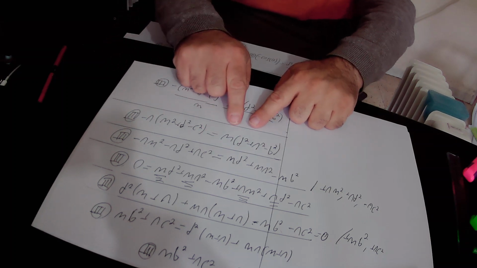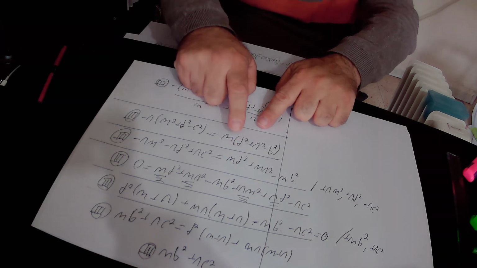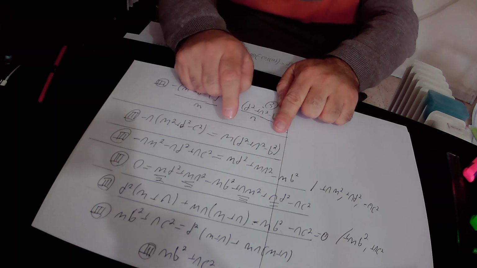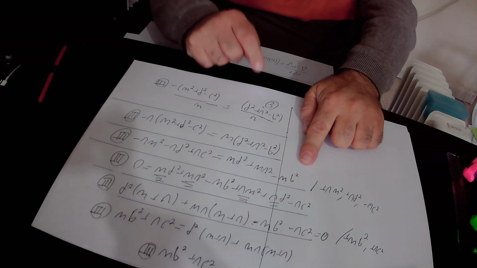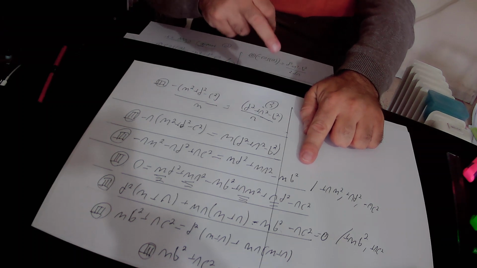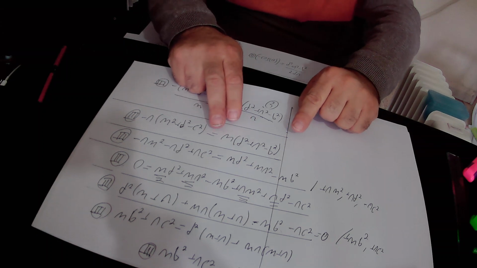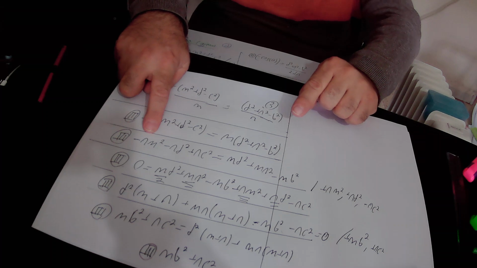We open the brackets also on this side of the equation. So m times d squared is md squared, and m times n squared is mn squared, and finally m times minus b squared equals minus mb squared. In the next step, we added to this equation mn squared.